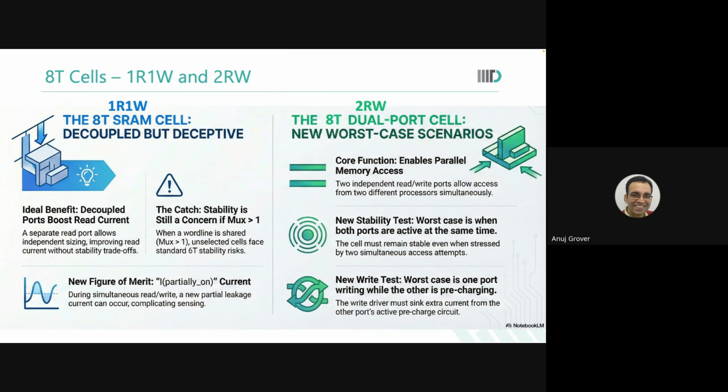But yes, the extra two transistors that you put, which was only the read port, that you can size up and have a better read current. And we also looked at the new figure of merit that would come in this case, which was called I partial on. When does this I partial on appear? When the other port is also selected. You're writing, suppose it is mux 4, and you're writing on the adjacent cell.